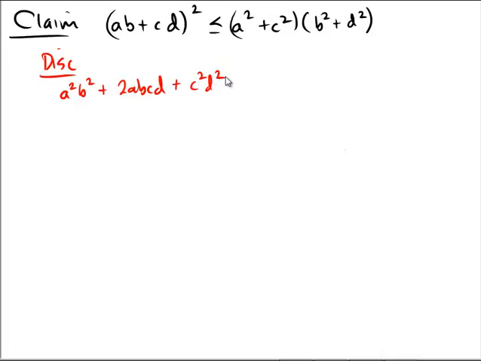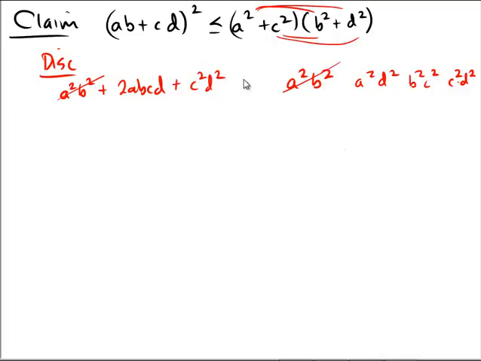On the other hand, on the right-hand side, this would also be a distributive property, and first times first, A squared B squared, then we have an A squared D squared, then a B squared C squared, and then a C squared D squared. As I'm looking at this, I can see that these are on both sides.